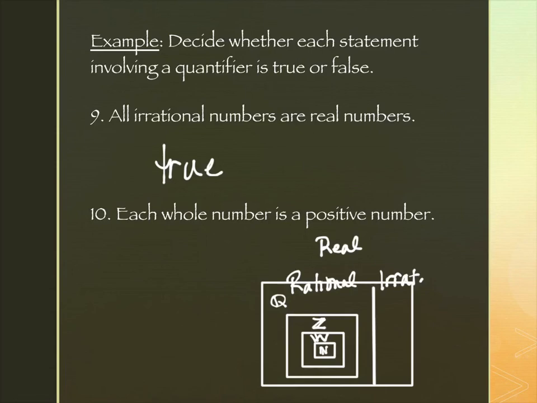So this one, number 10, another universal quantifier, each, means like all, every single one of them. Every whole number is positive. You think about your whole numbers. Is every whole number a positive number? I see some heads this way, and I see some heads this way.